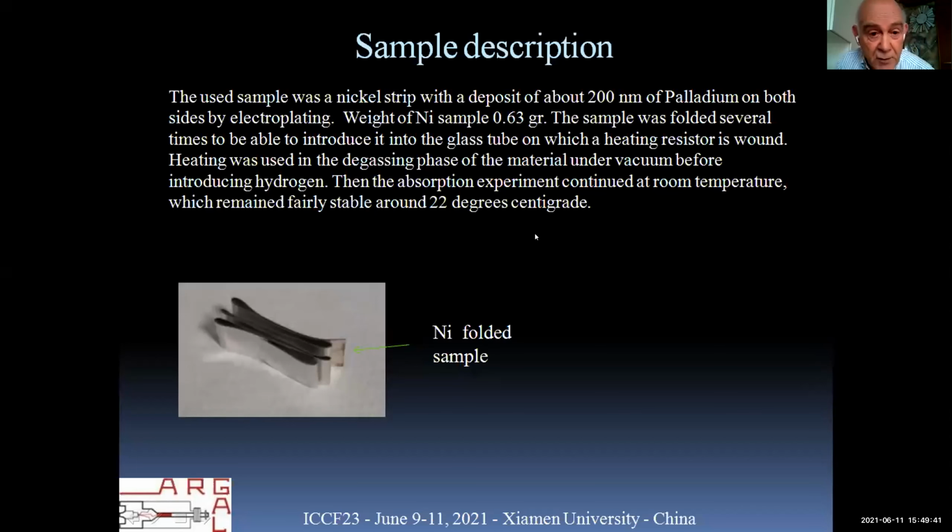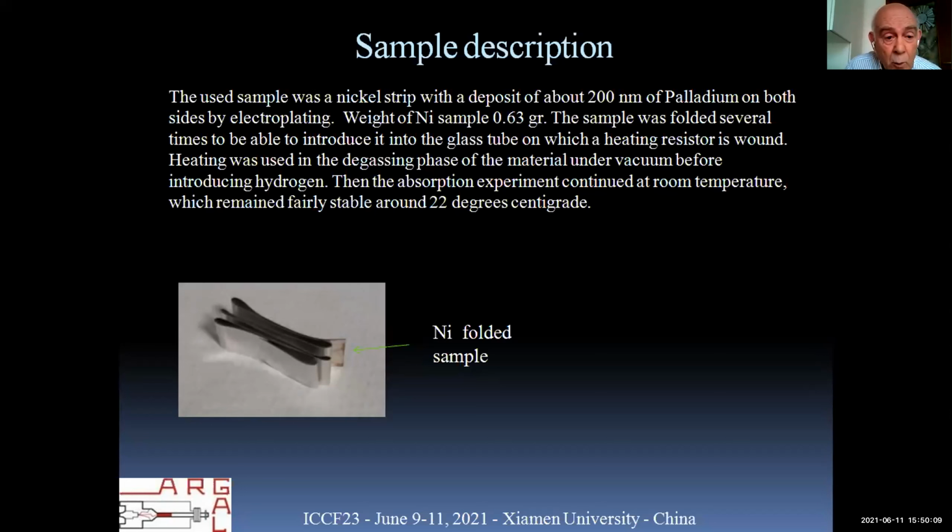sample description. The used sample was a nickel strip with a deposit of 200 nanometers of palladium on both sides by electroplating. The weight of the nickel sample was 0.63 grams. The sample was folded several times to be able to introduce it into the glass tube, on which a heating resistor is wound.